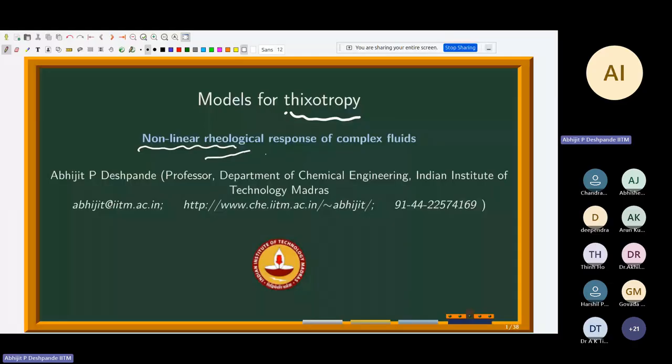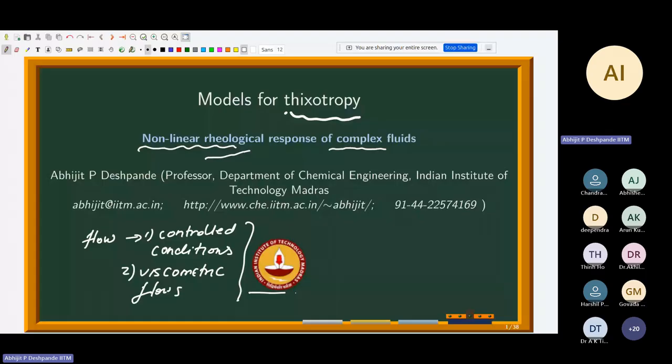And since you have been looking at flow of complex fluid, when we do flow in a controlled manner under controlled conditions and using viscometric flows, then we can measure rheological properties.